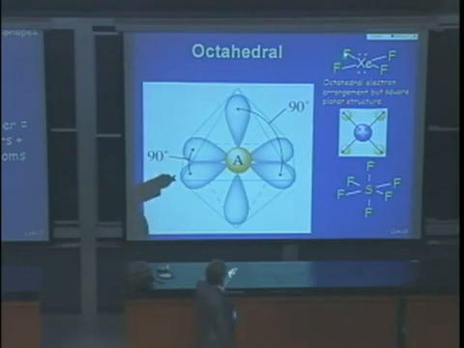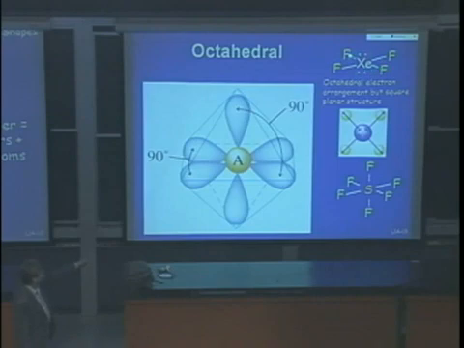And for fluorine, we have 2, 4, 6, 8 for each. So what's our steric number? It's 1, 2, 3, 4, 5, 6. Steric number 6, it must be octahedral, and this is how the octahedron looks like.